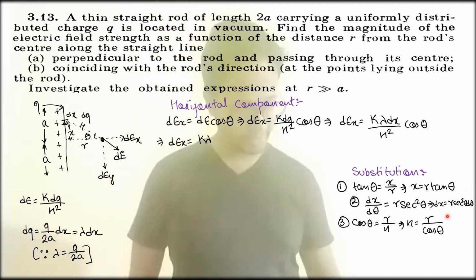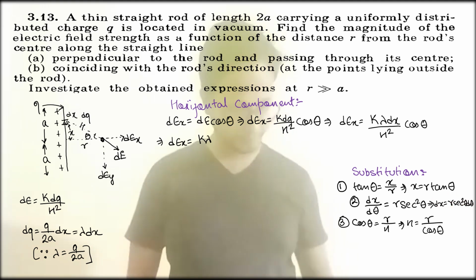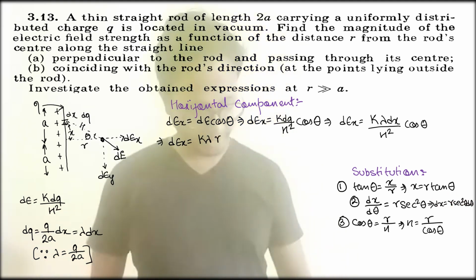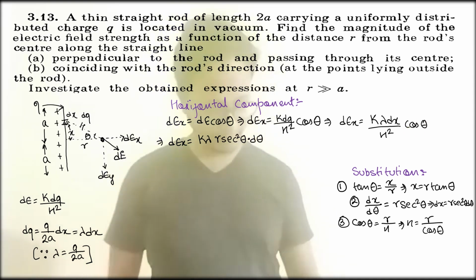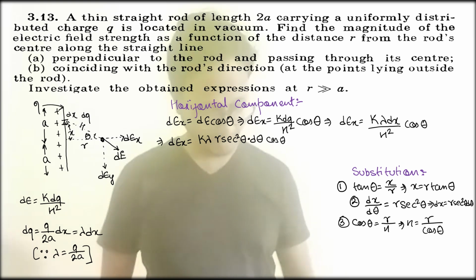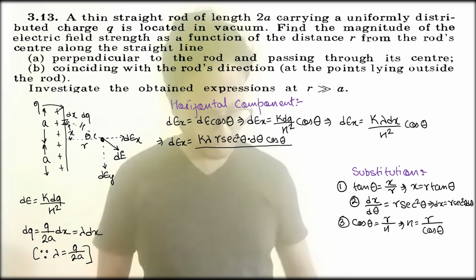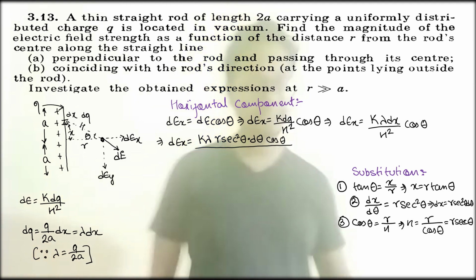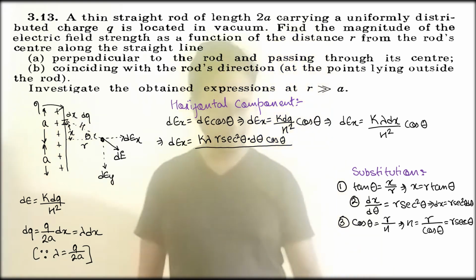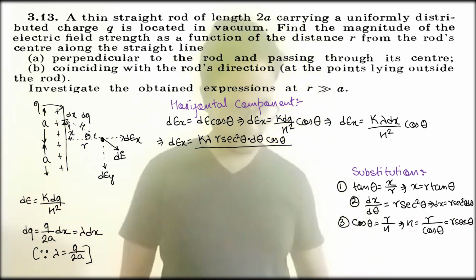The value of dx is nothing but r sec square theta d theta, into cos theta, divided by h square, where h is nothing but r by cos theta, or r into sec theta. So I can write h is equal to r sec theta, because 1 by cos theta is nothing but sec theta, no? So if I substitute the value of h by r sec theta, what will happen?